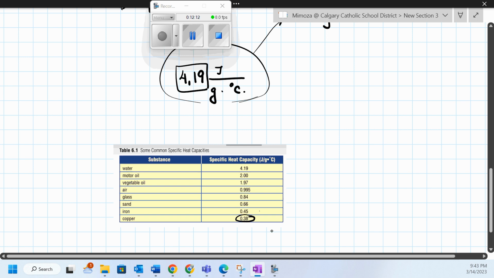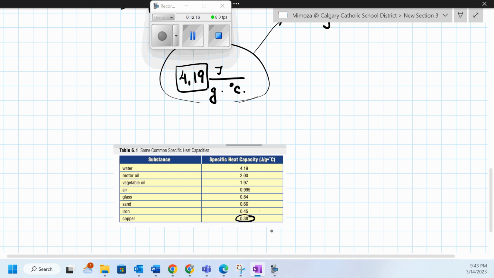Iron has a higher specific heat capacity, meaning it requires more heat per 1 gram of iron to increase the temperature by 1 degree. Then sand is 0.66, glass is 0.84, air is almost 1, and so on, and water is the highest one.